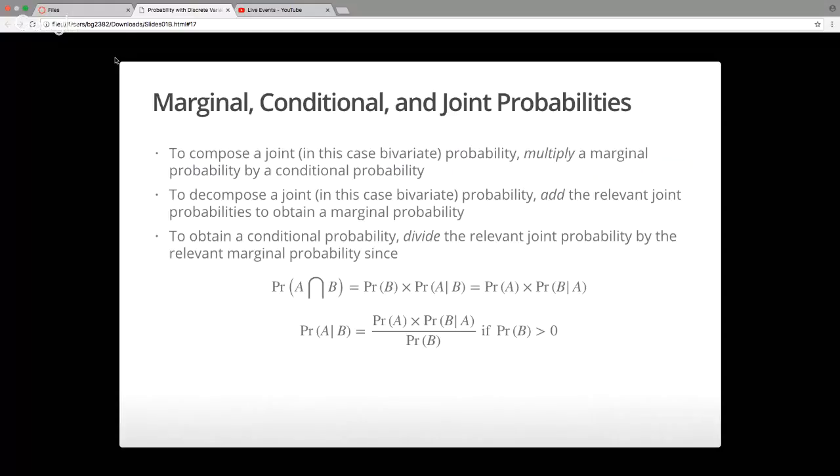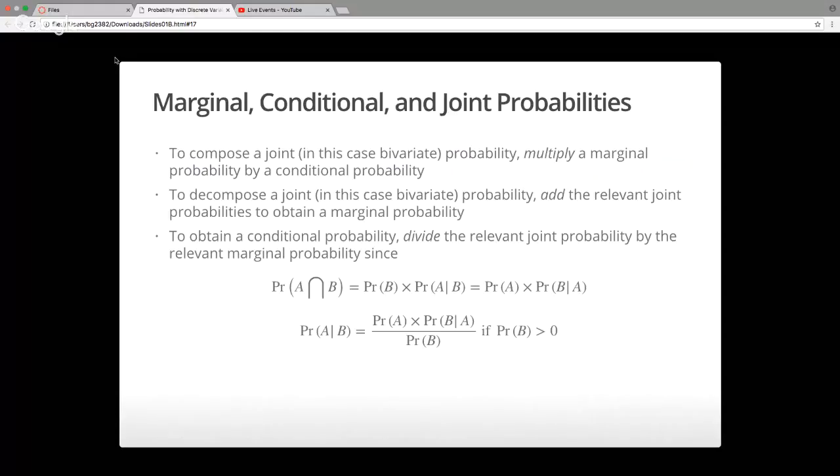If B is impossible, then this doesn't make sense. We can't be dividing by 0 here. But if B is any kind of a positive number, and it's going to be less than 1, then this is a valid expression for the probability that A is true, given that B is true. So in order to obtain the conditional probability of A given B, we have to take the joint probability of A and B together, here expressed as their composition, and divide by the marginal probability of B in order to get the thing that we're looking for on the left.